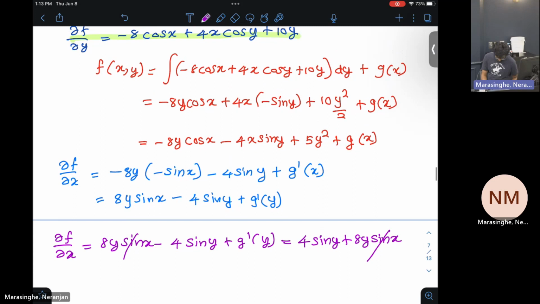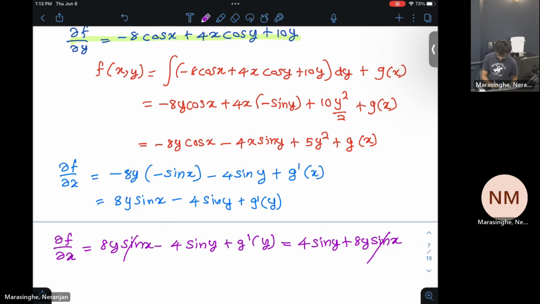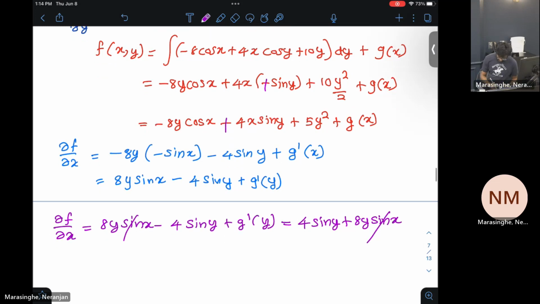I think I made a small mistake here, because the integral of cosine y is sine y, right? Not negative sine y. I made that mistake here.